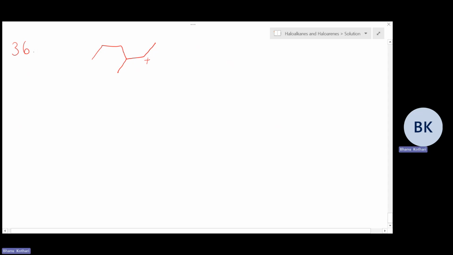So immediately if elimination takes place, we can get a double bond here also and here also, right? We can get this particular alkene, which has a chiral center. So both compounds will be possible.